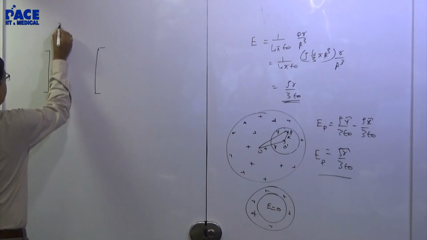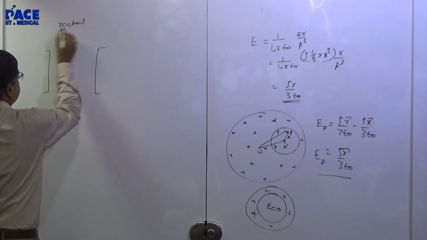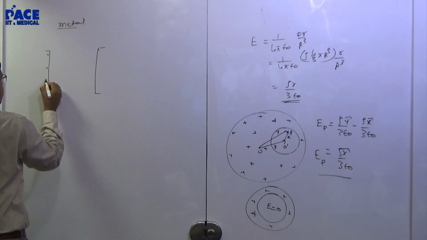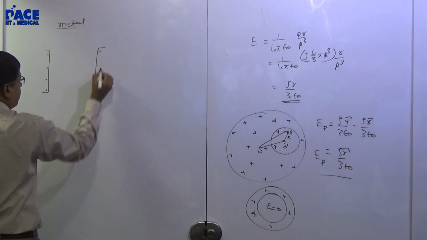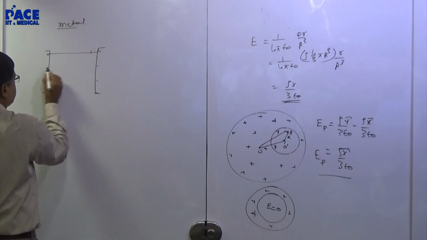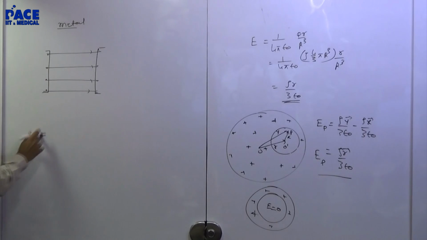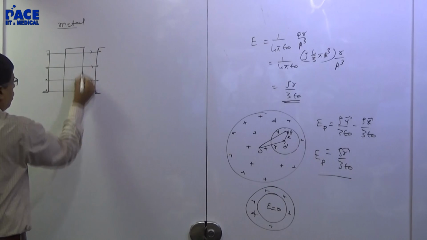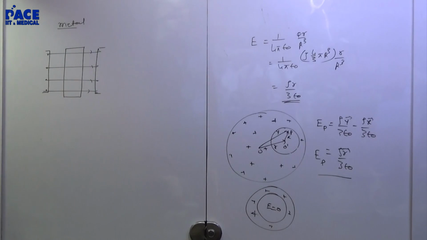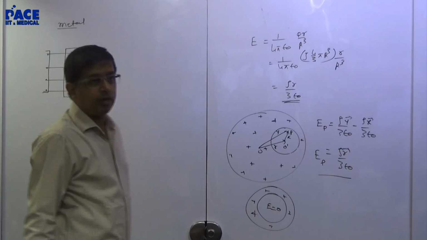Understand this logic. For a metal, if I have a uniform field here, I have positive charge in this particular direction. Now place a metallic body in between. Please pay attention to this concept.